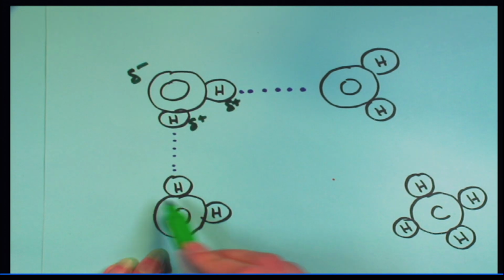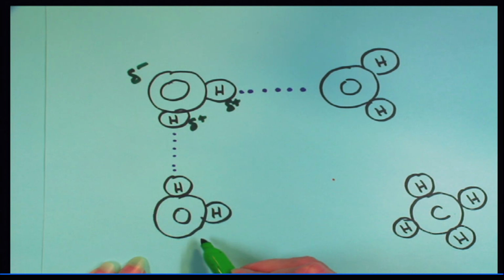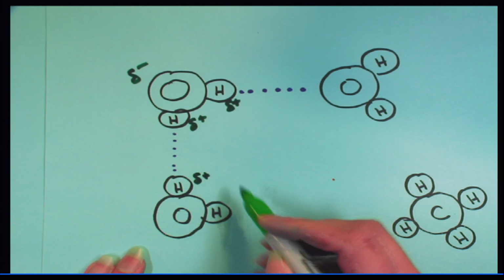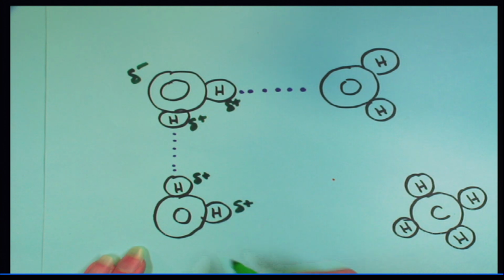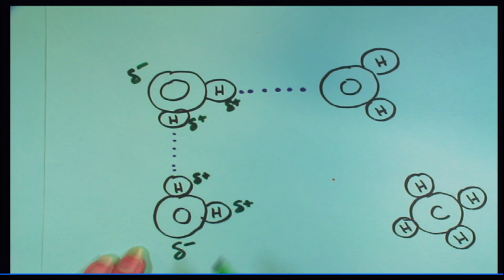Let's go down here and take a look at this water molecule. Once again, we first need to identify who's partially positive and who is partially negative. So we have a partial positive here, we have a partial positive here, and we have a partial negative here. Notice I have a dashed line depicting a hydrogen bond between this hydrogen and this hydrogen.